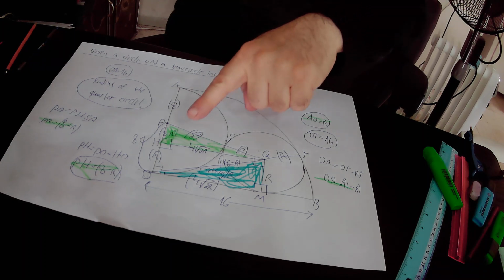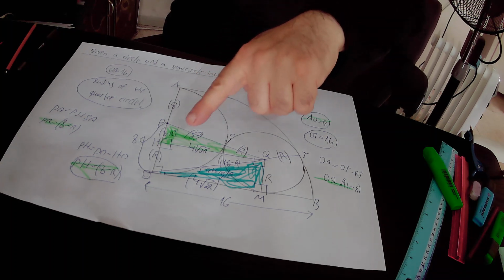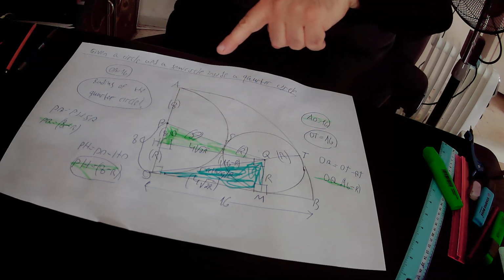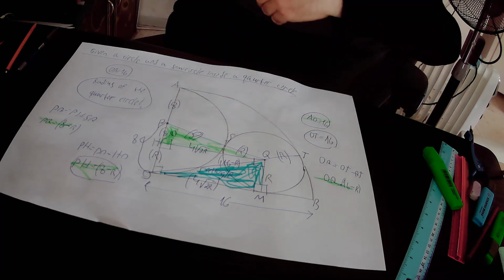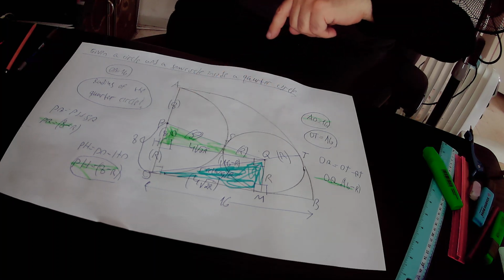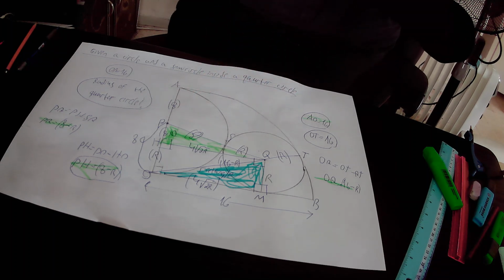But the radius AO that is equal to 16 is also the diameter of the semicircle. So the diameter of this semicircle equals 16, therefore the radius must be half of it. So the radius AP of the semicircle equals 8, and PO also equals 8.